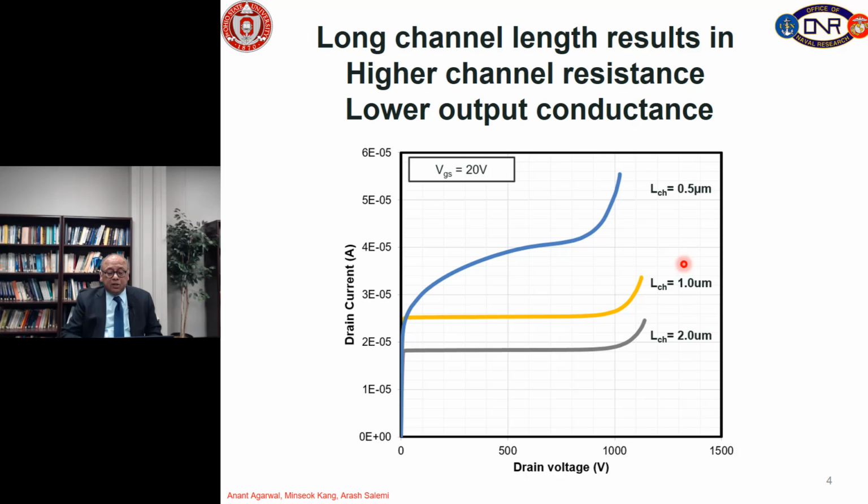When we go to longer channel length, you can see we can reduce this current at 1000 volts. But why is this current important at 1000 volt? And that is because of the short circuit rating of the device.